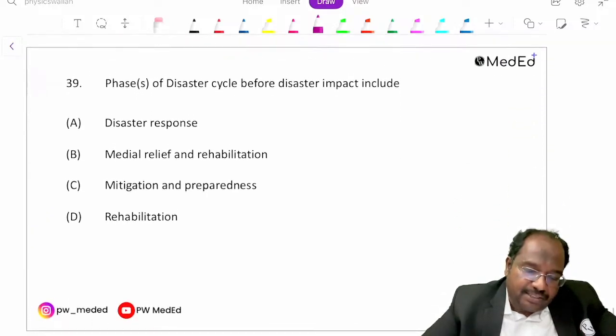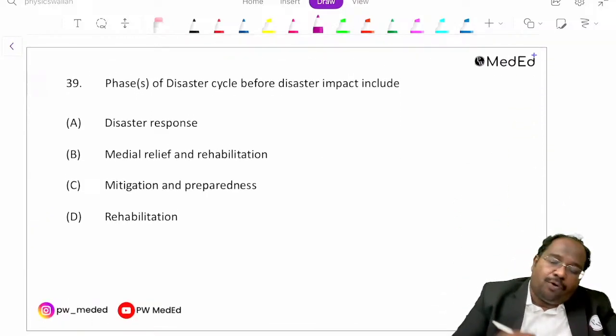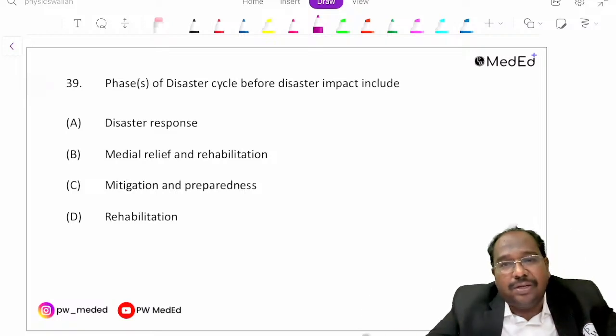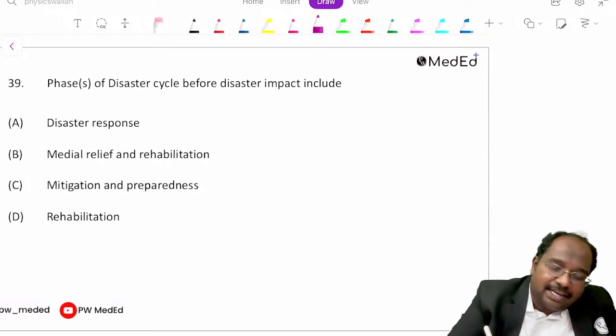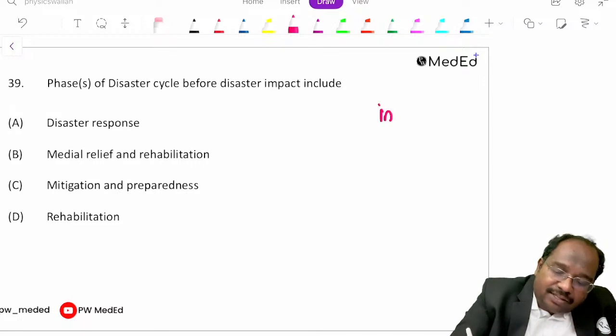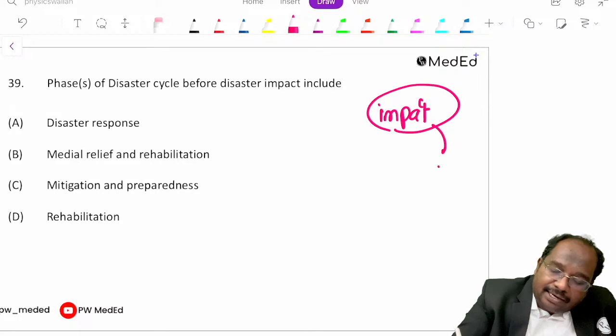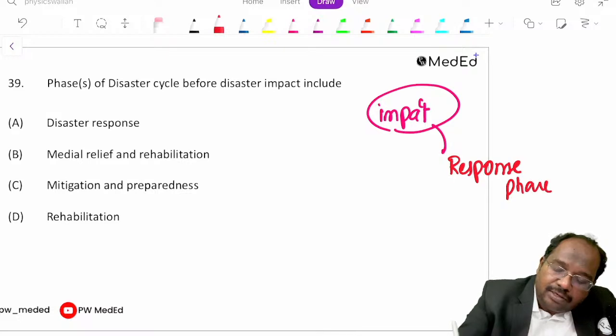Which are the phases of the disaster cycle before disaster impact? The disaster cycle starts with impact. After that comes the response phase following a disaster.